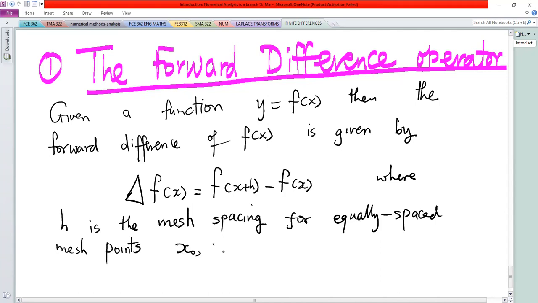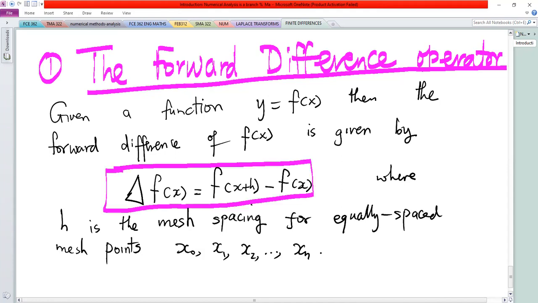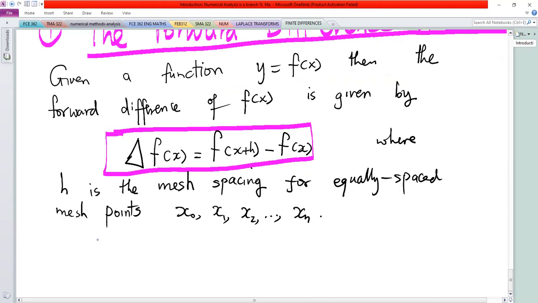x0, x1, x2, up to xn. So this is the main definition of the forward difference of f of x. And when you let x to be x sub k, then x plus h will be x k plus h.